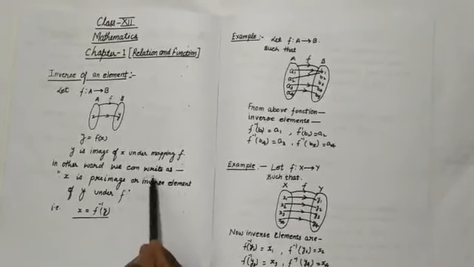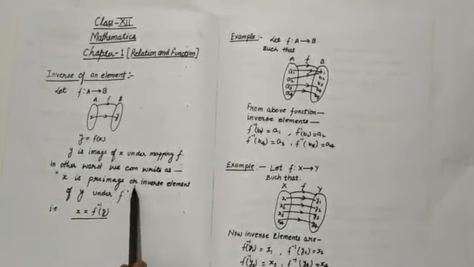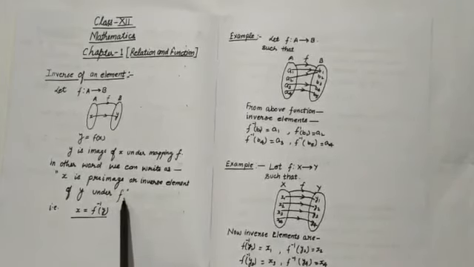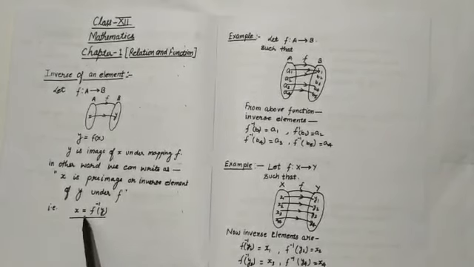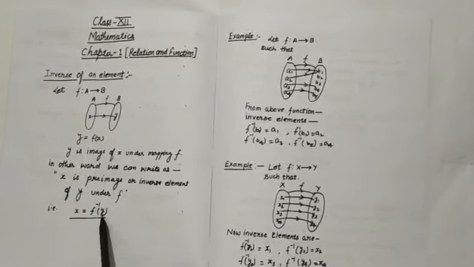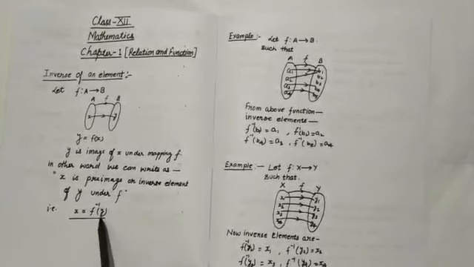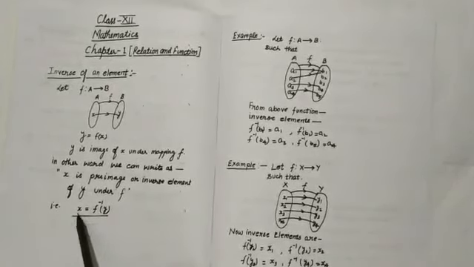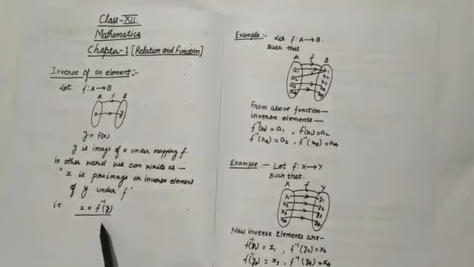In other words, x is the pre-image or inverse element of y under function f, that is x is equal to f inverse y. This represents that x is the inverse element of y under the function f. In notation we write x is equal to f inverse y.